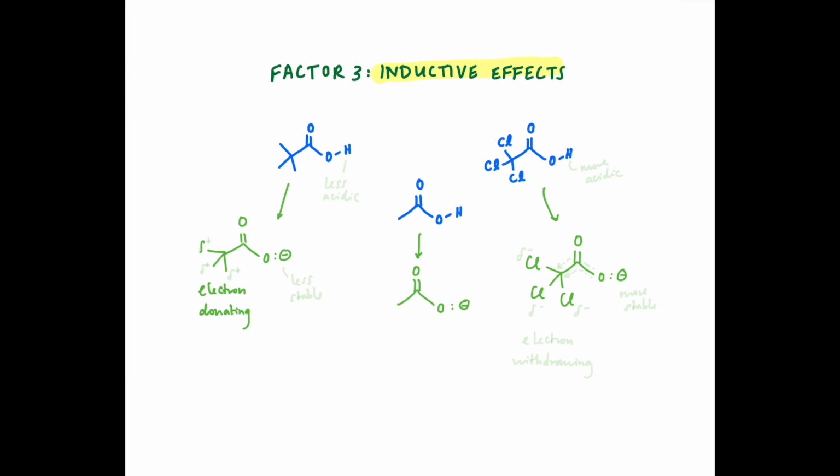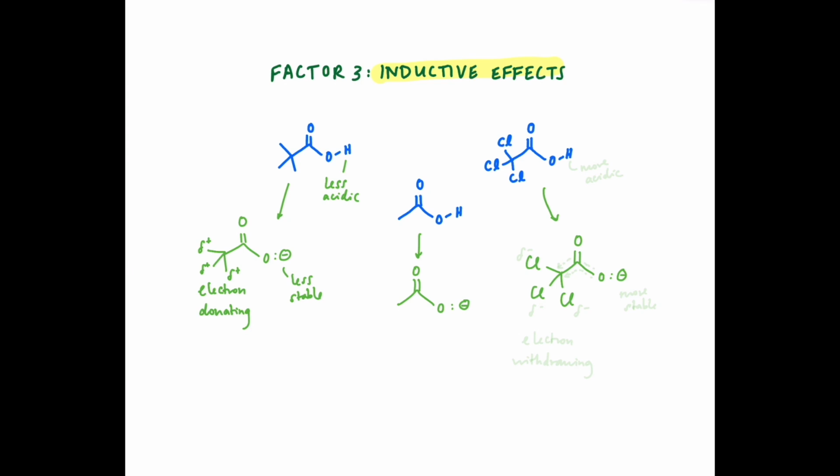Because these are all partial positive, they want to donate their electron density, but this makes it a less stable negative charge because now it has more negative charge toward those extra electrons. So that's less stable. So this proton will be less acidic, making it more basic.